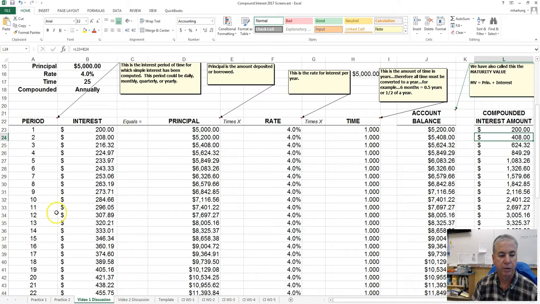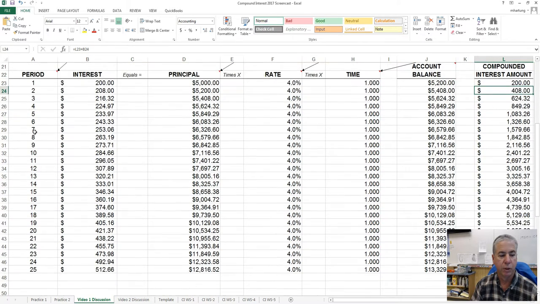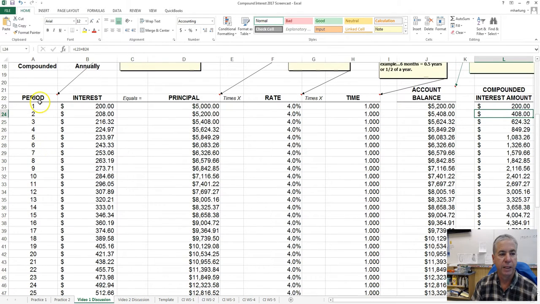And so in this particular example that we're looking at here, we have compounded interest for 25 years. Now keep in mind that a compounding period could be days, months, quarters, twice a year, or years. In this particular case, we've done it for 1 year.